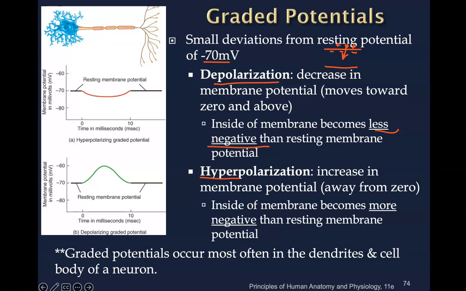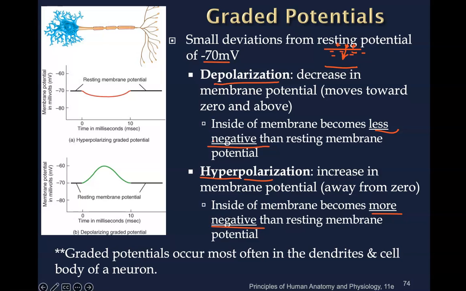So now you're making the membrane even more polar, even more negatively charged on the inside in comparison to the outside of the membrane. This is going to make the inside of the membrane more negative than the resting membrane potential. And we'll talk about why and how this happens.